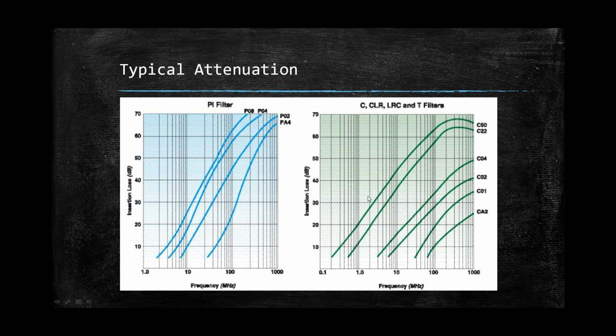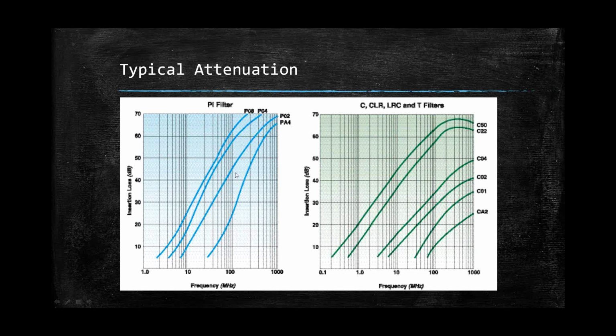As you can see, a pi filter will filter out more. A lot of people are concerned about 100 dB. So with 400 picofarads, you can filter out at 100 megahertz 25 dB. Whereas to get to 25 dB, you would be roughly at around 2,000 picofarads.